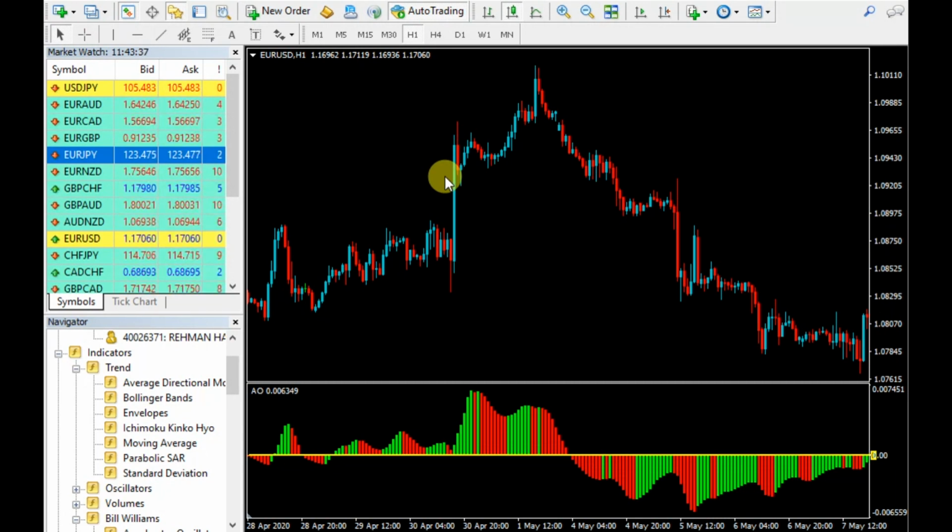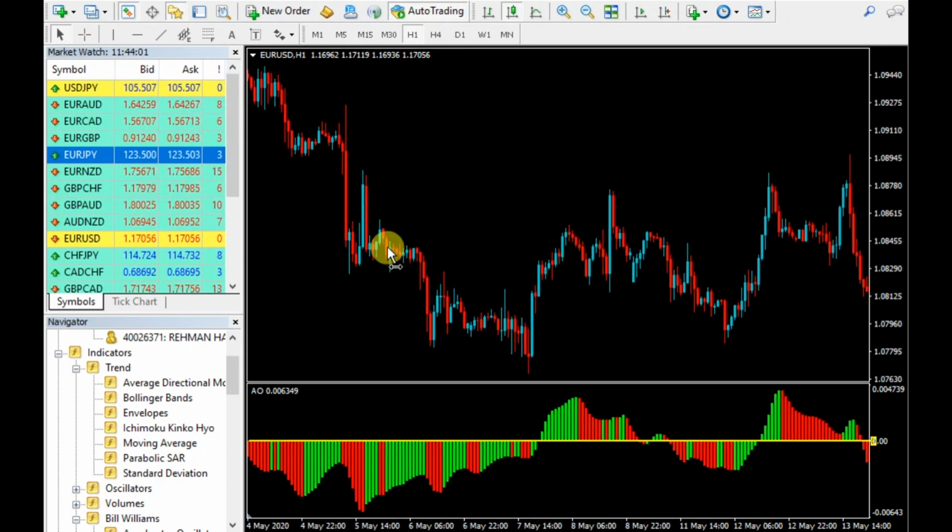So I would prefer, for intraday traders who sit on the computer for more than 3-4 hours a day, they can open all of their forex major and minor pairs, open the H1 time frame, and trade with the awesome oscillator with this strategy on all their charts.